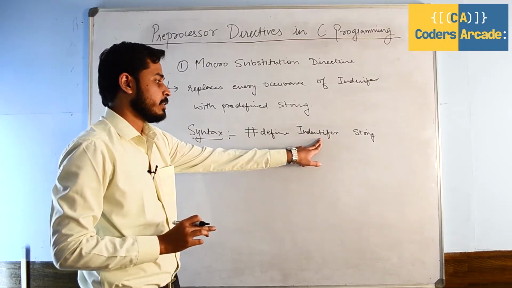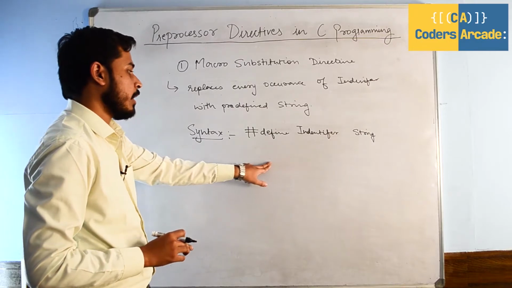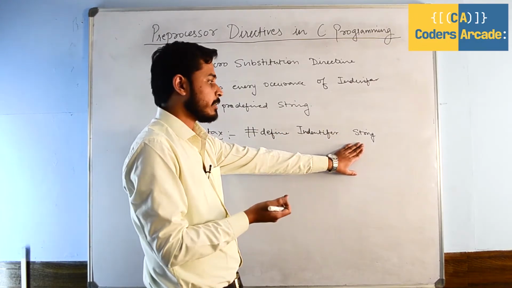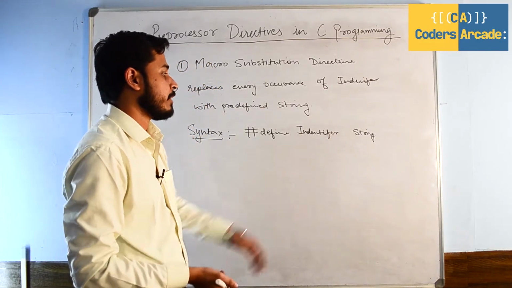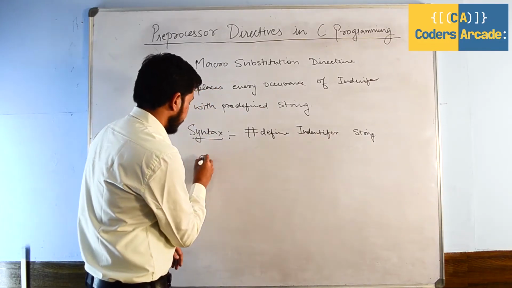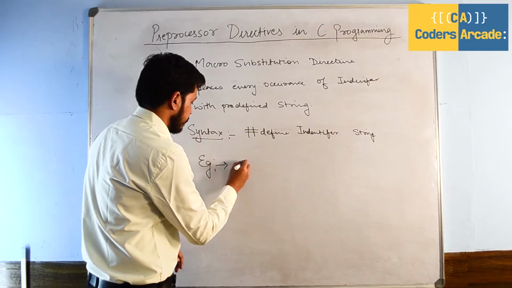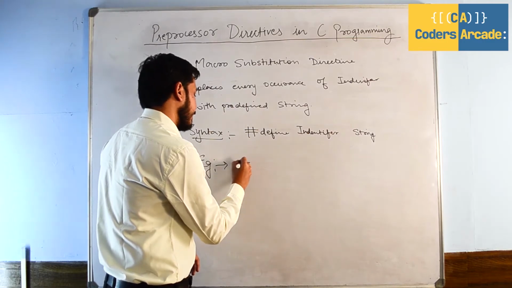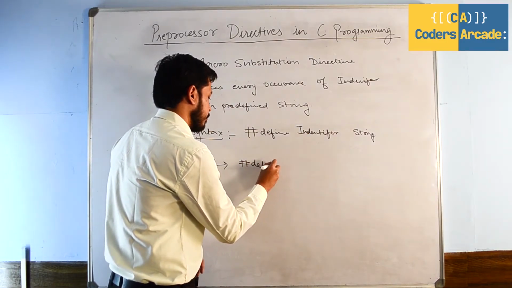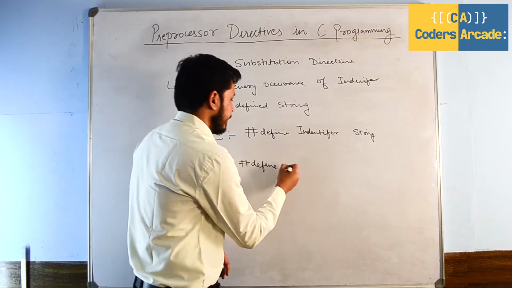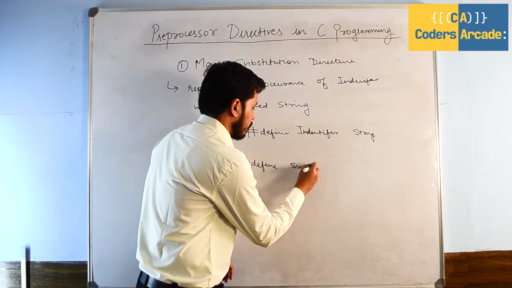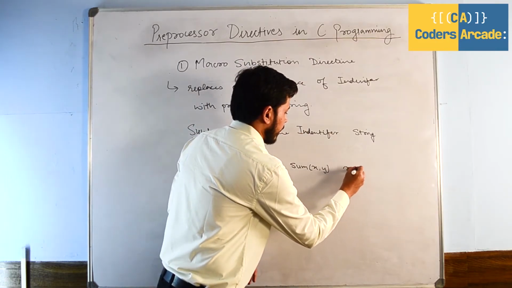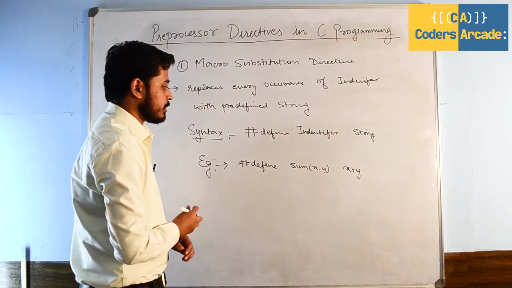With #define, we define some identifier and we are using some predefined string that is going to replace this particular identifier. Let us see an example first. Let us say I'm going to write here #define SUM(x, y) will be replaced with x + y. This is one of the examples.